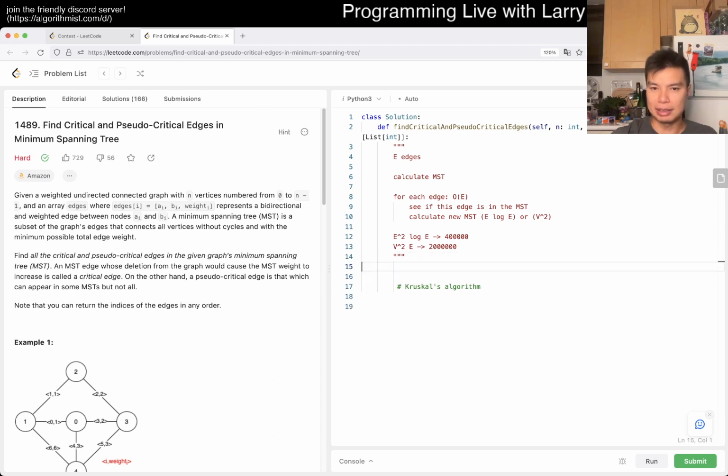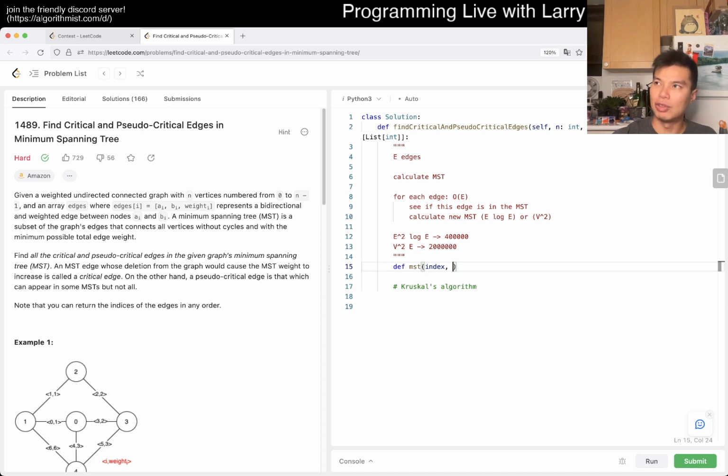Okay, let's just say we have an MST algorithm. What am I doing for this MST? I'm trying to figure out how to generalize these things in a good way without creating the entire graph again. But clearly we have to do it in some way. So let's say we have some index for the edge.